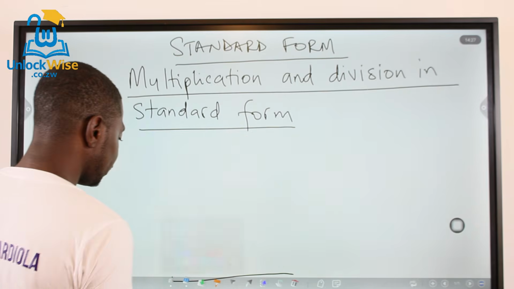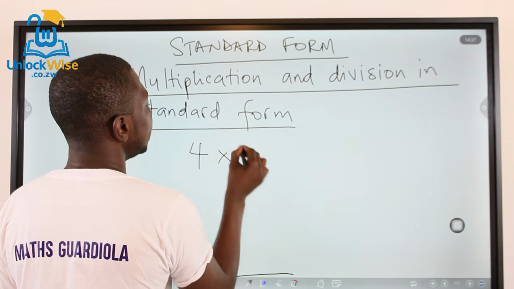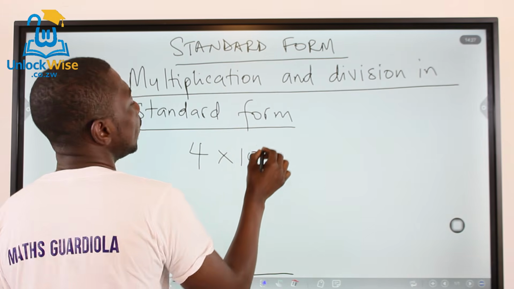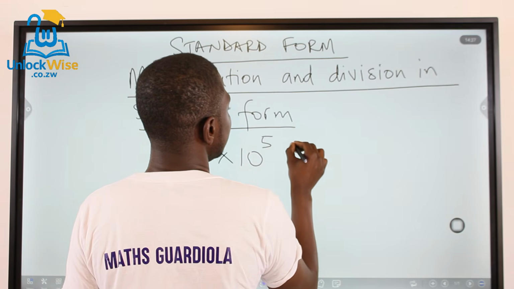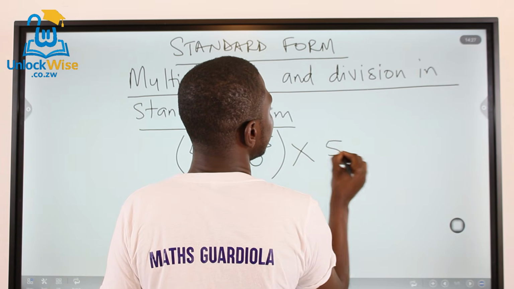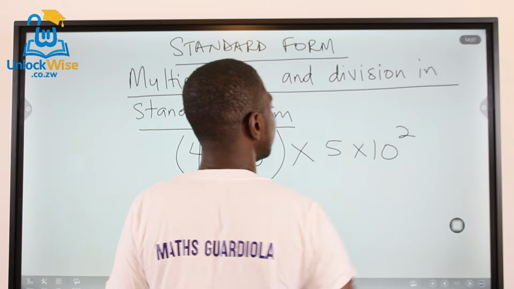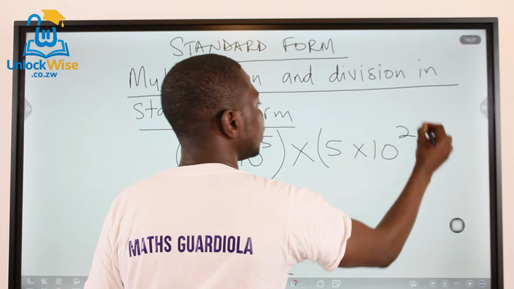Let's say we have 4 times 10 to the power 5, and this is being multiplied by 5 times 10 to the power 2, like this.